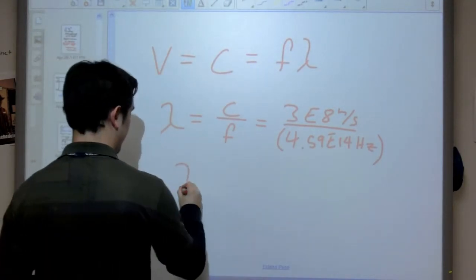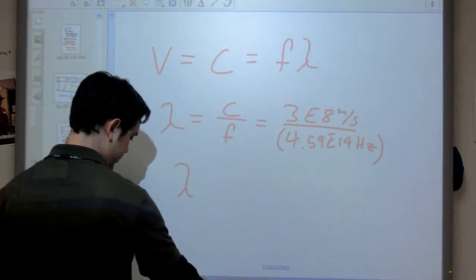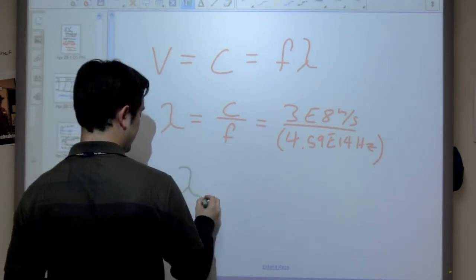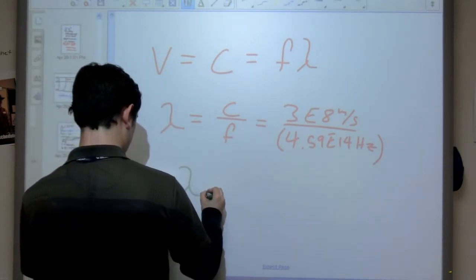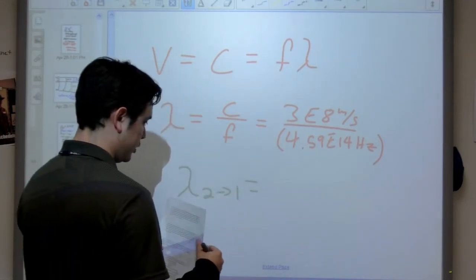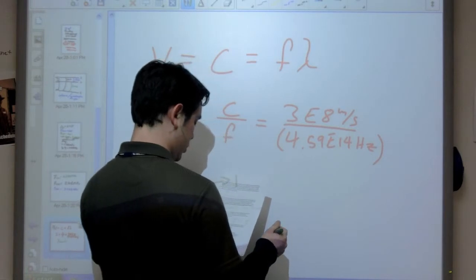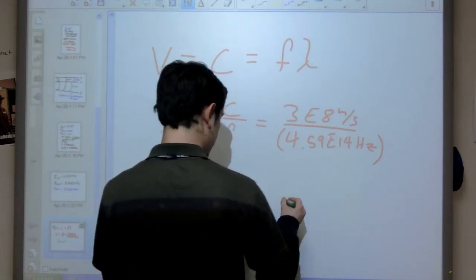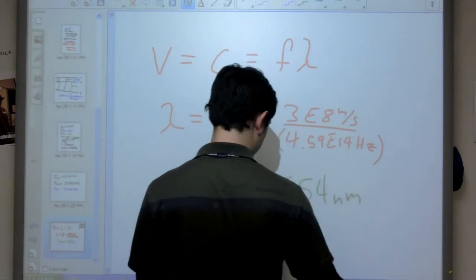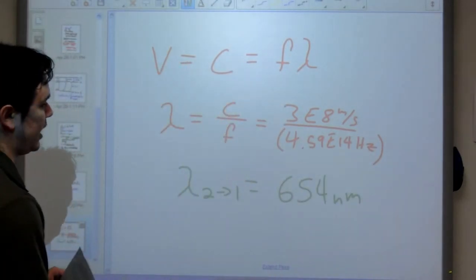So I do that and I find that my wavelength for my transition from 2 to 1, which corresponded to 1.9 electron volts worth of energy, is equal to 654 nanometers, is what I'm getting with the numbers that I have.